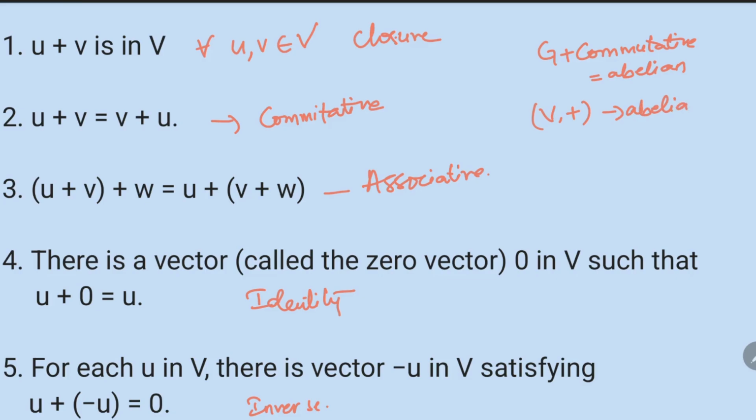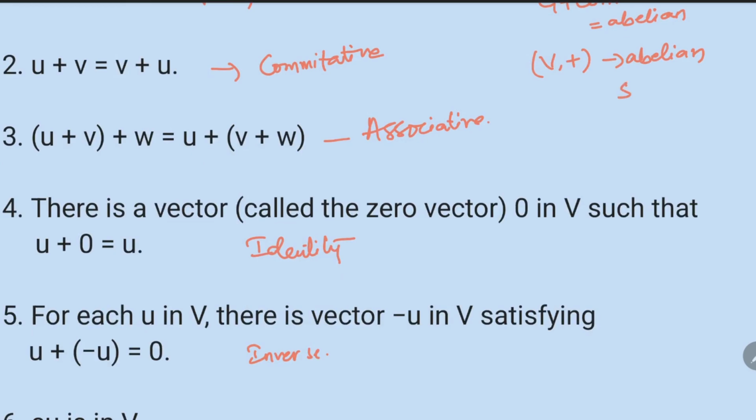In this we get all these properties 1, 2, 3, 4 and 5, which come under vector addition, which has to be abelian.